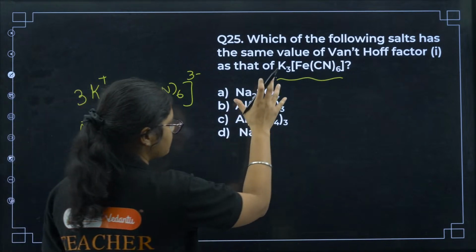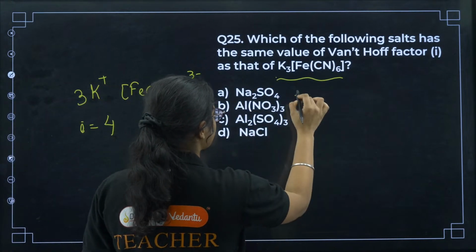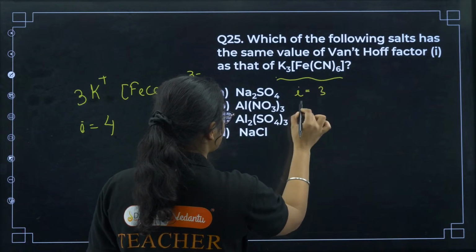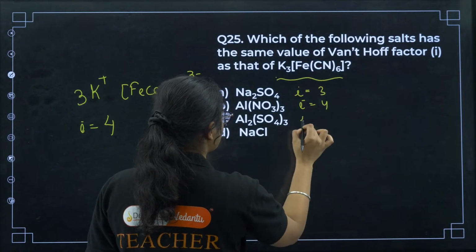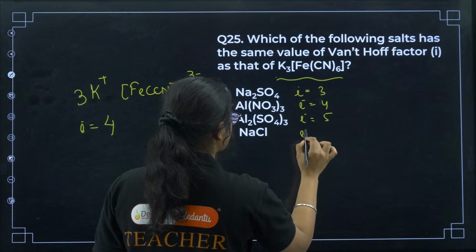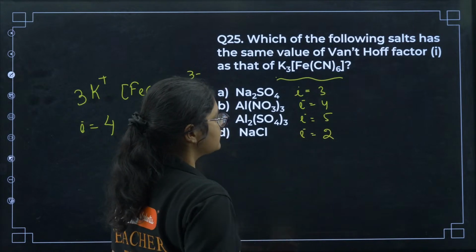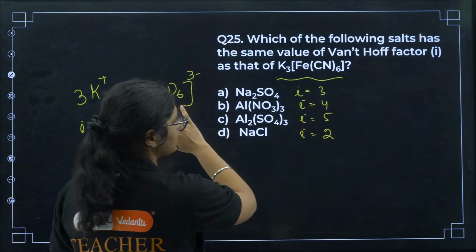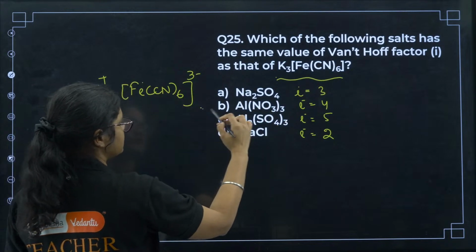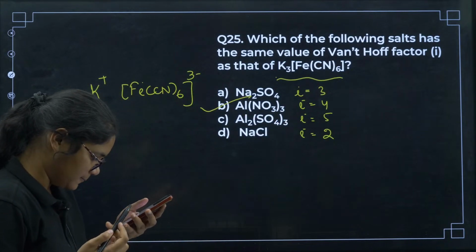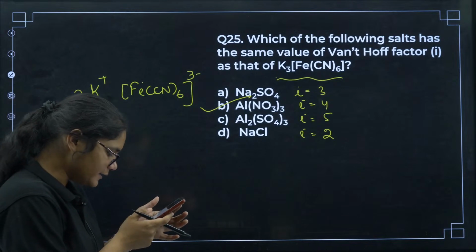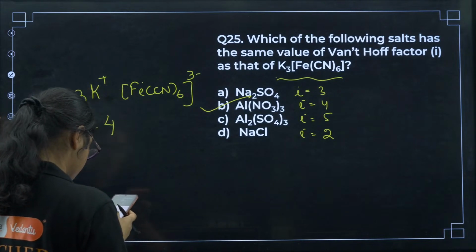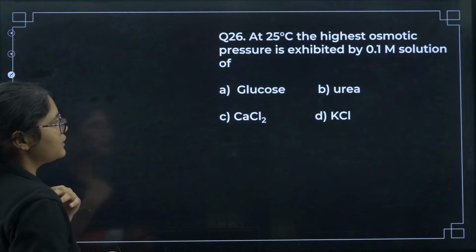Out of these, where will we get I value 4? Here I value is 3, here I value is 4, here I value is 5, and here I value is 2. So the correct answer, with the same Van 't Hoff factor as this one, is option B. Yes, Asma is correct here. That is B answer.